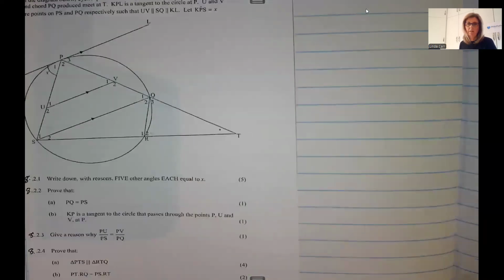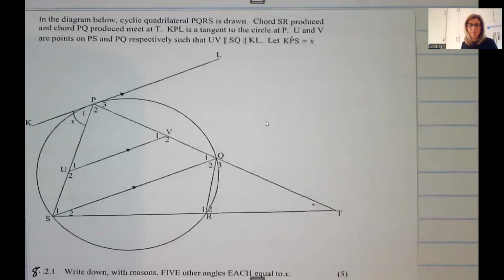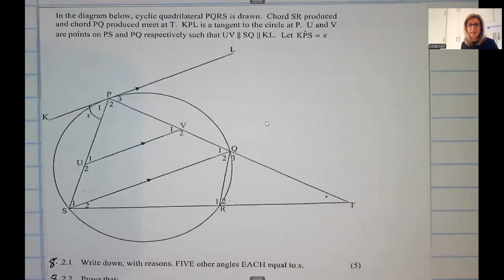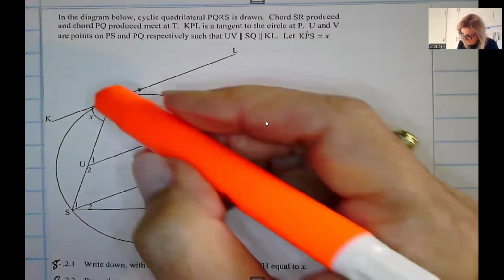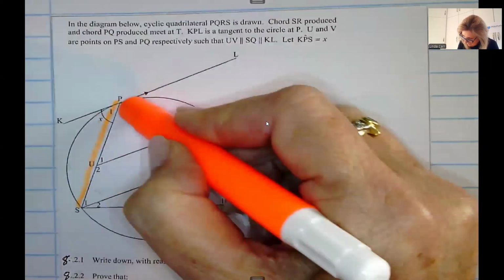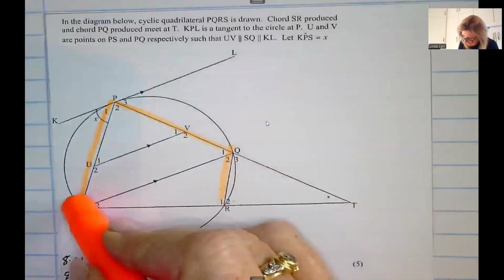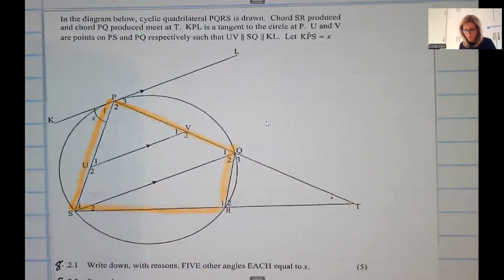Question 8. Lots going on in this question. We have a cyclic quadrilateral. So if I have a cyclic quad, I'm going to highlight it straight away. Chord SR produced.